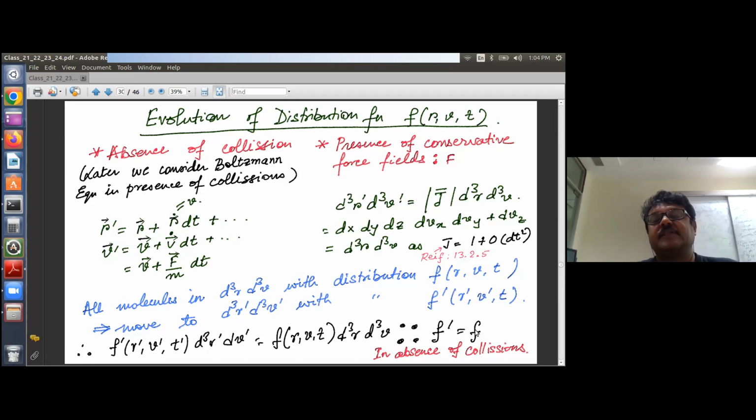So basically it is nearly unchanged as the distribution function flows over space and time.